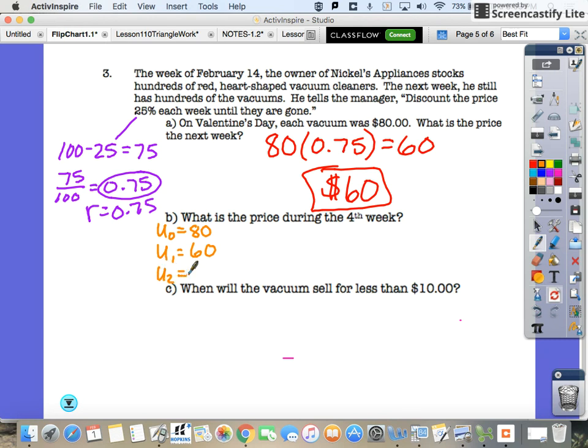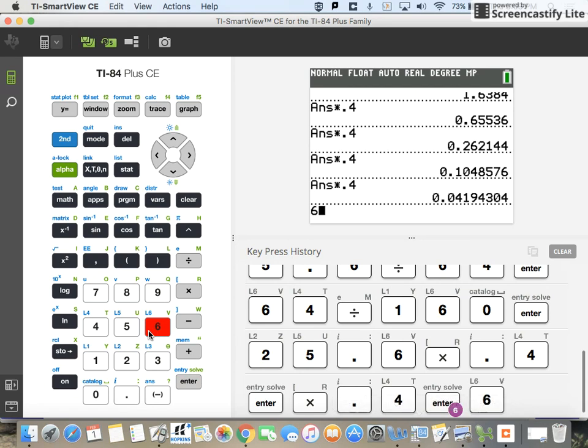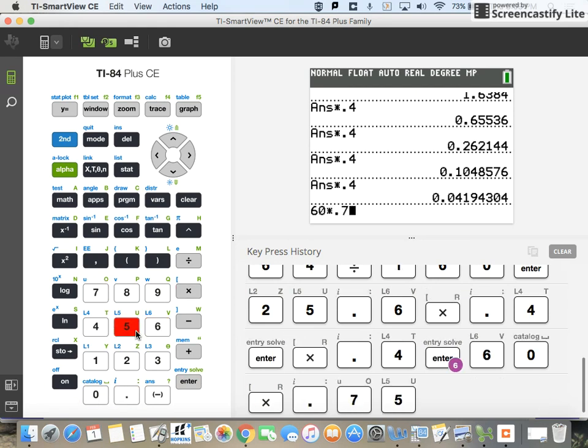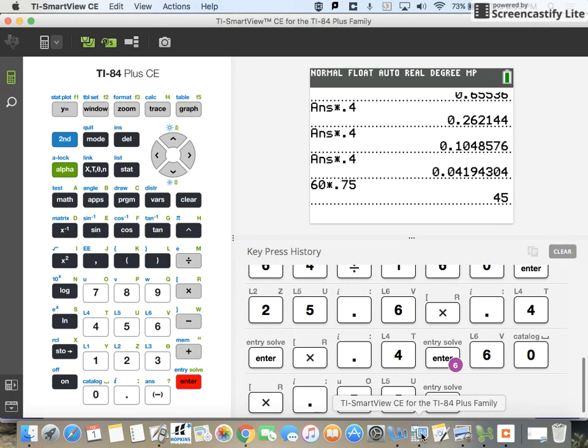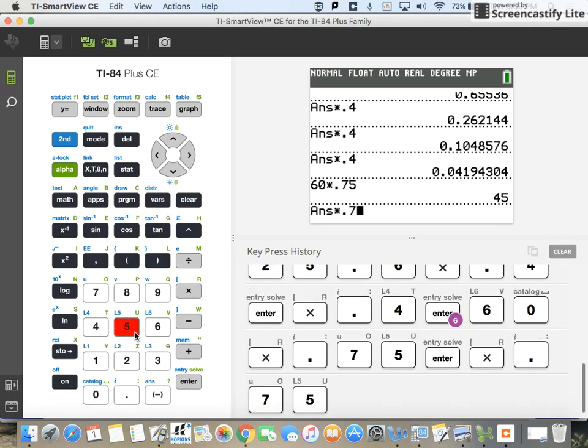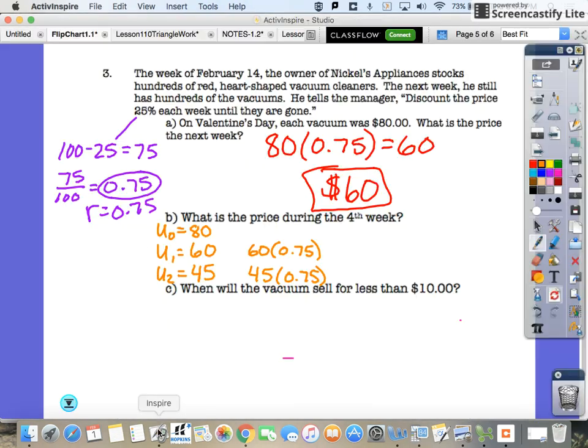We need to find the price in the 4th week. So u sub 2, we would take 60 times 0.75. And we get 45. So in week 2, they're $45. Then we go 45 times 0.75. And we get $33.75.